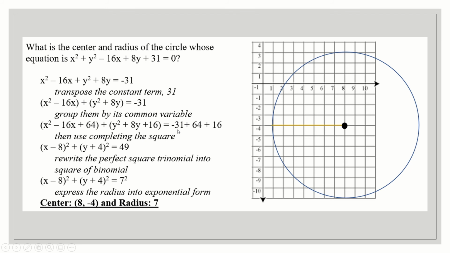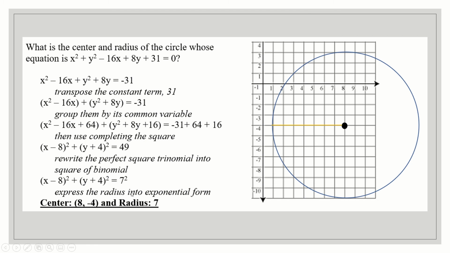Next, the result in negative 31 plus 64 plus 16 is 49. We rewrite the perfect square trinomial into square of binomial kasi hindi naman natin pwede siya isulat ng the quantity of x minus 8 times the quantity of x minus 8. So, hahaba yung ating expression or equation.